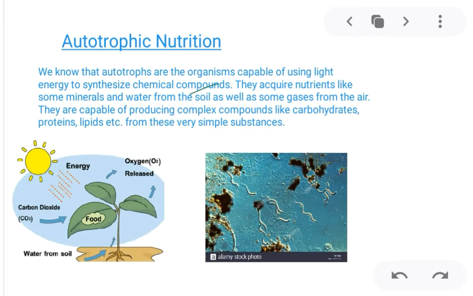You can see here the autotrophic nutrition case. We know that autotrophs are the organisms capable of using light energy to synthesize chemical compounds. Definitely they utilize the light energy, and they acquire nutrients like some minerals and water from soil as well as some gases from the air. So where do they obtain all these raw materials? What are the raw materials required for photosynthesis?